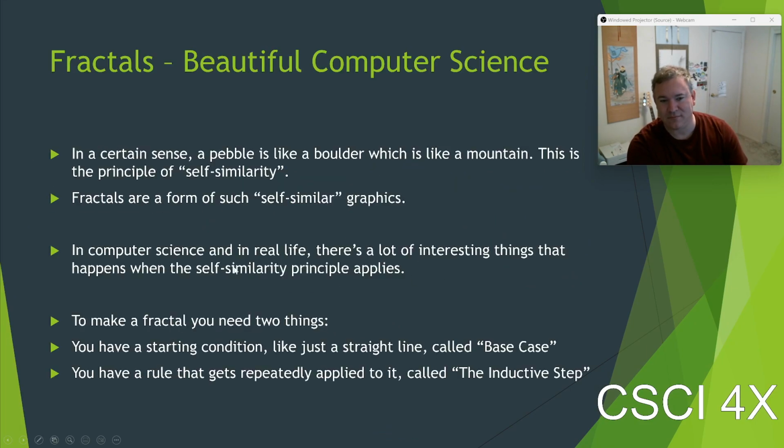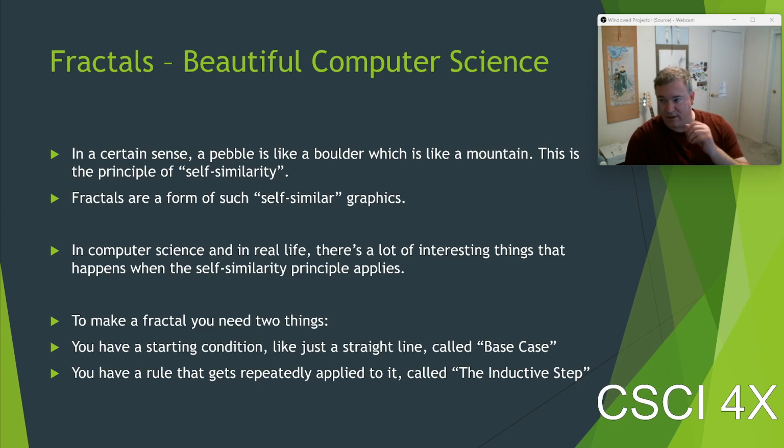So, a fractal is a self-similar art, let's say. And this is actually used in real life applications, not just for cool art. Some things exhibit this self-similarity principle in real life and in computer science.